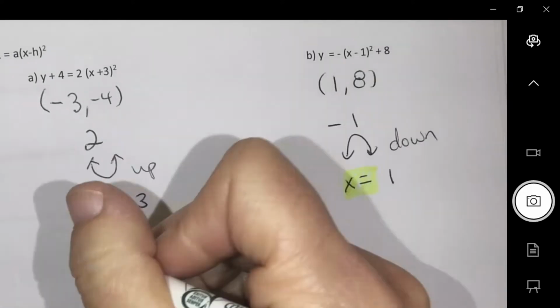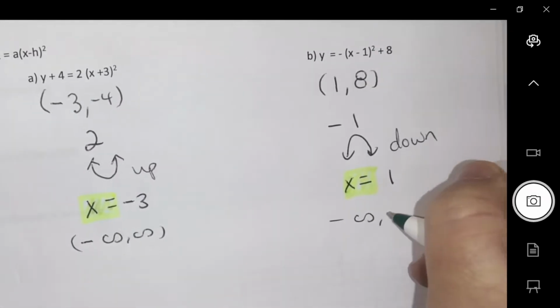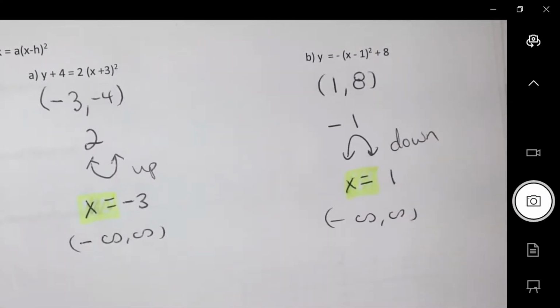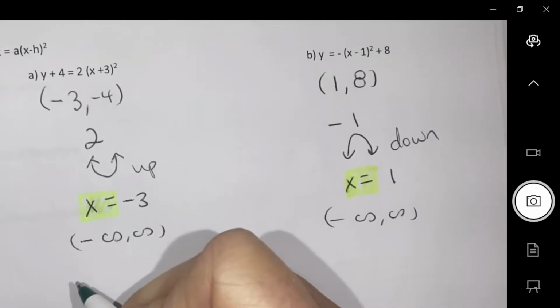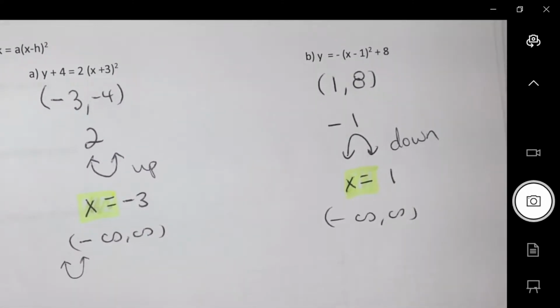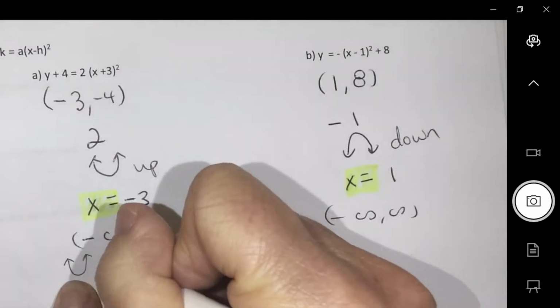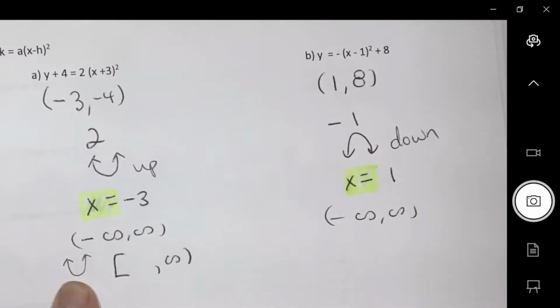Domain, so we have the same every time. It goes forever left and right. Okay, range. I have to visualize that. It's going in that direction, so it's going to go from some value to infinity. Some value to infinity, -4.